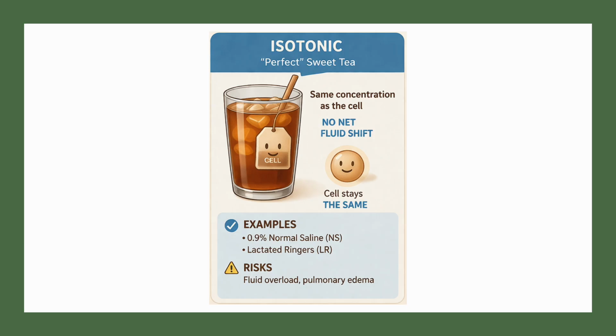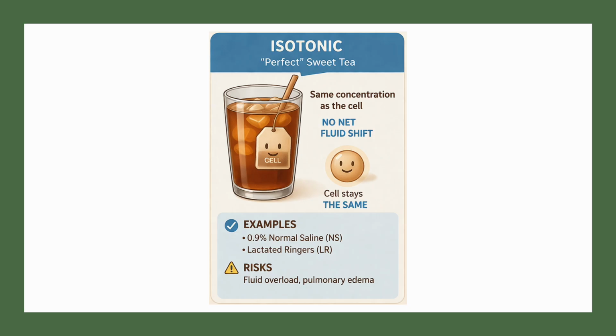Examples of isotonic fluids, the two most common ones that you see as nurses, will be 0.9% normal saline and lactated ringers, often referred to as LR. Now, one of the tricks to remember what different types of IV fluids are isotonic is to remember that number 0.9.